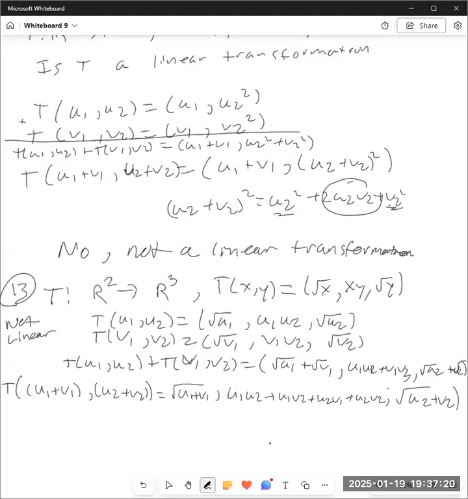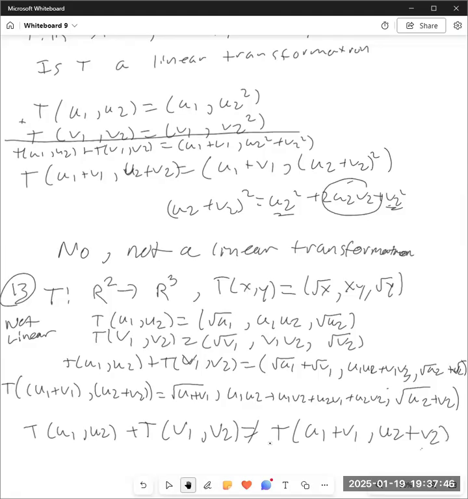So T of u1, u2 plus T of v1, v2 is not equal to T of u1 plus v1, u2 plus v2. So not linear.